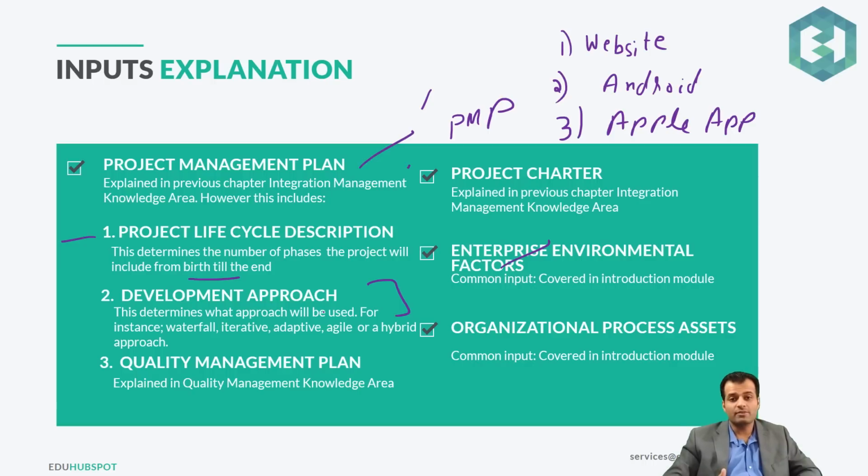So approach is very important. PMI has never said it. They don't say that okay, agile is better, or waterfall is better. No, they have not published anything like that. It all depends upon your organization structure, how it is working, and how things are done. I'm a big advocate for agile.